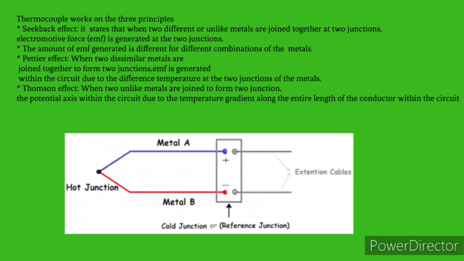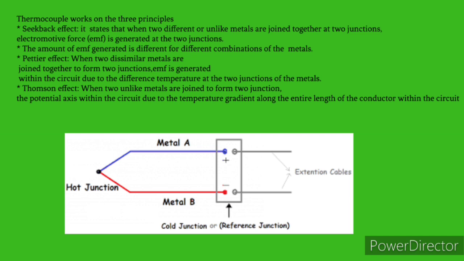That means, as you can see in the diagram, that two dissimilar metals are joined together. When they join together, they form two junctions. One of the junctions is the hot junction, and one is the cold junction. The hot junction and cold junction are the parts of the junction which form due to the welding of the two dissimilar metals.